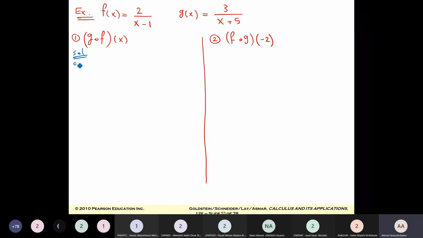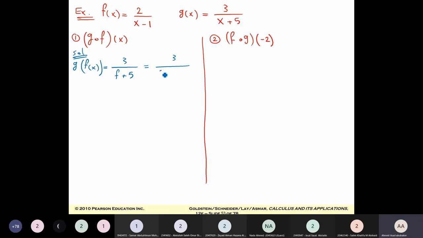Here we need to find g of what? Of f of x. G of f of x, we have g equals 3 over x plus 5. Replace x with f, so we have f plus 5. Now this equals 3 over, what's the value of f?